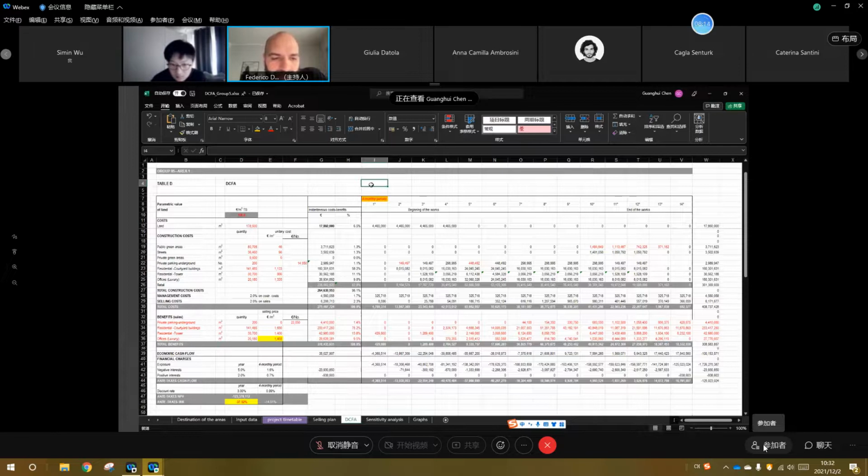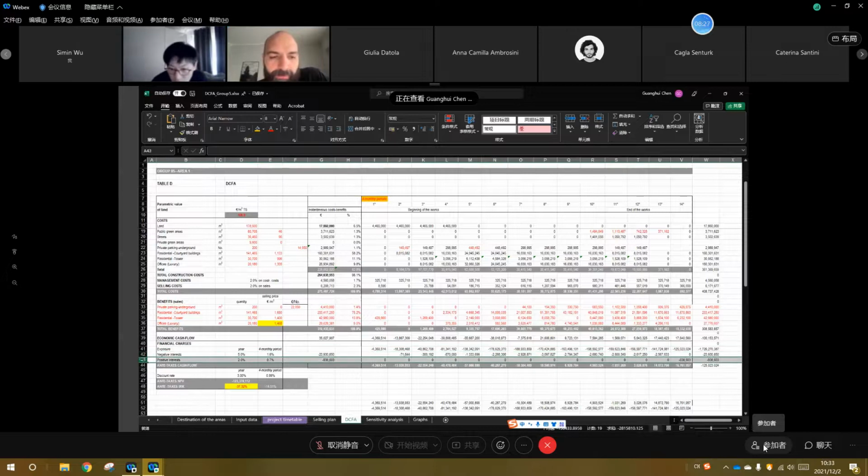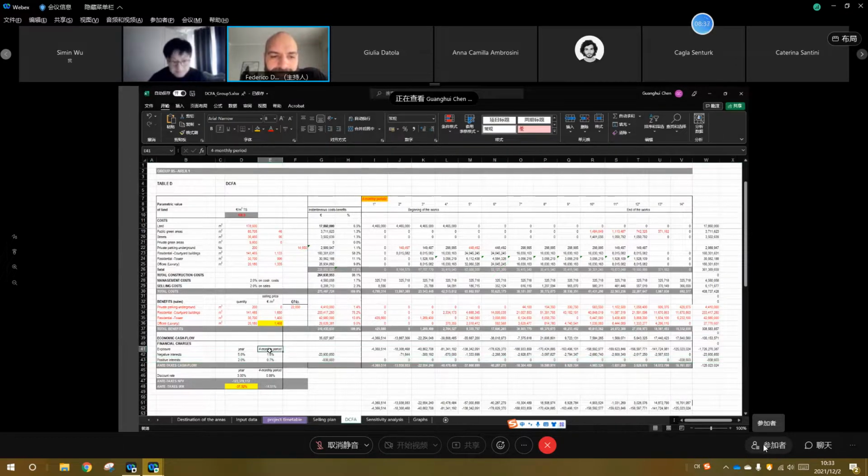As you can see in the bottom part of this table, the negative interest and the positive interest are calculated for a monthly period. So if you change the period, you should change this too, and also the discount rate and internal rate of return. Okay, we can see this after.